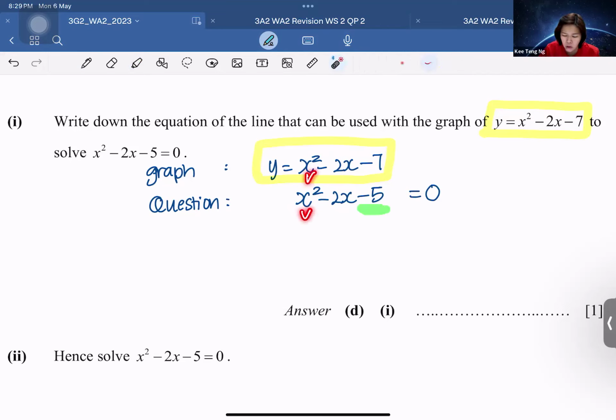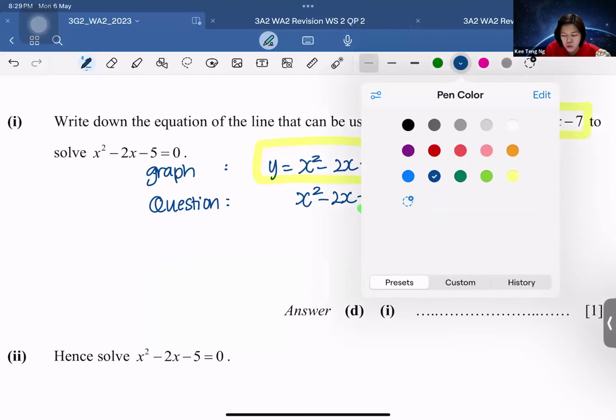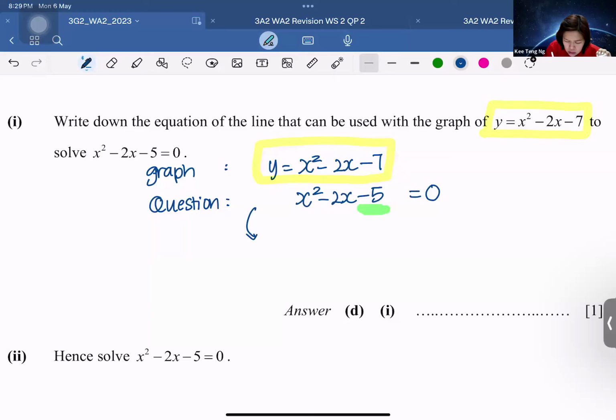I have x squared, correct? I have negative 2x, correct? But one is negative 7, one is negative 5. This portion over here is not correct. What do I need to do? I need to change this into x squared minus 2x minus 7 to fit my graph.